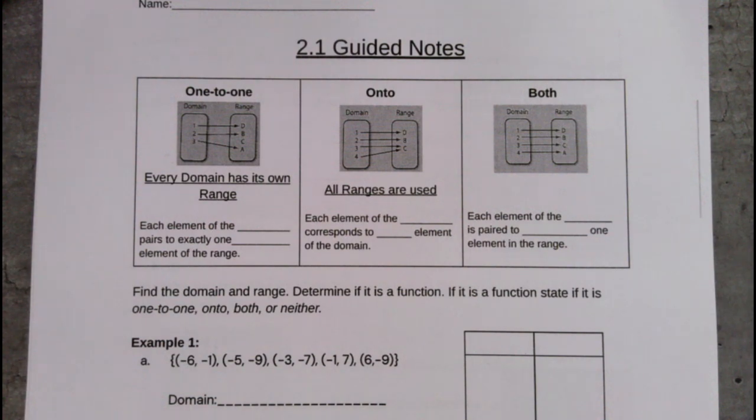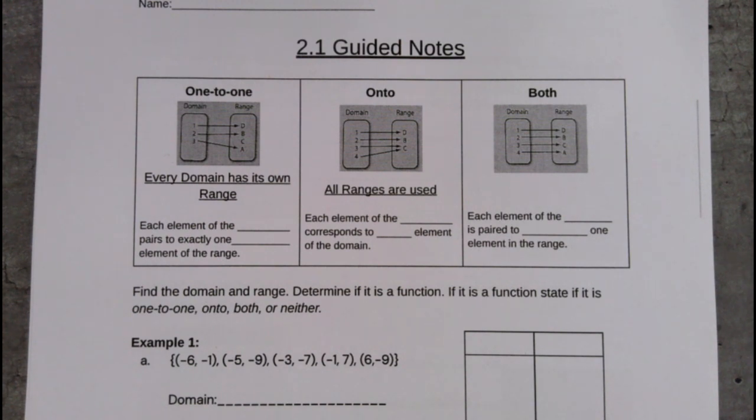About functions. So in talking about functions, we have only in Algebra 1 or pre-algebra talked about the vertical line test. Remember way back we said if there is a vertical line that touches a graph more than one time, then it is not a function.